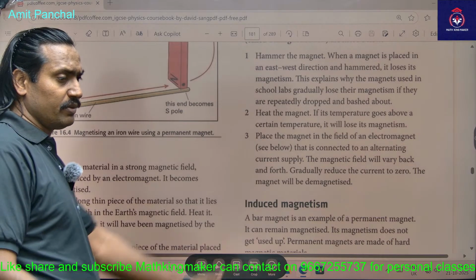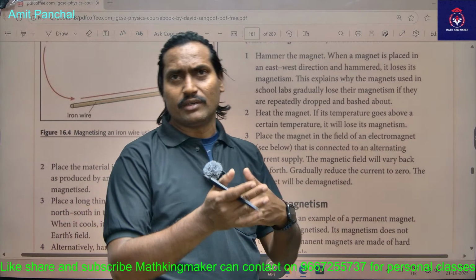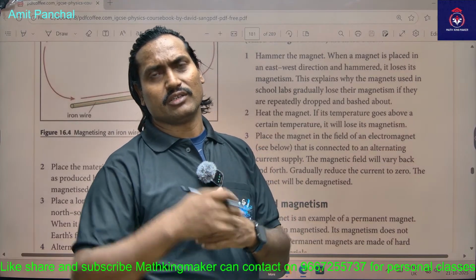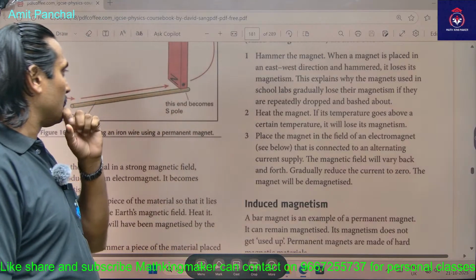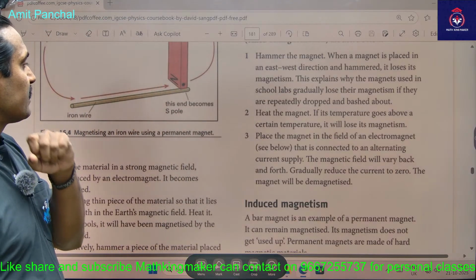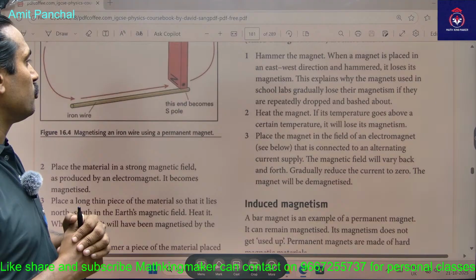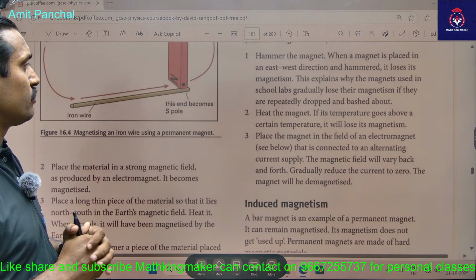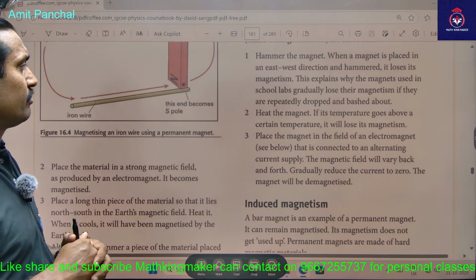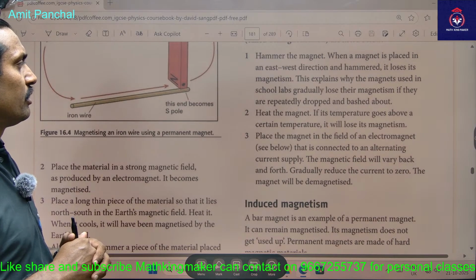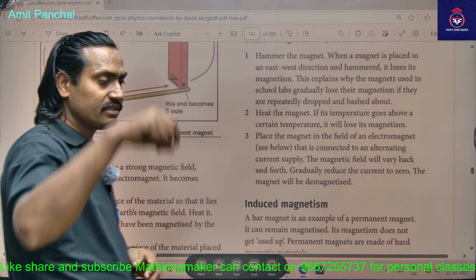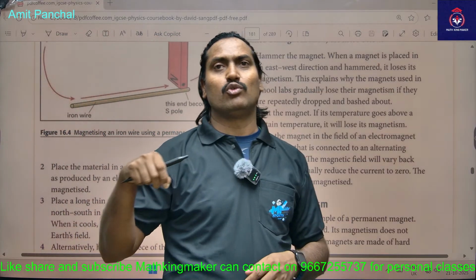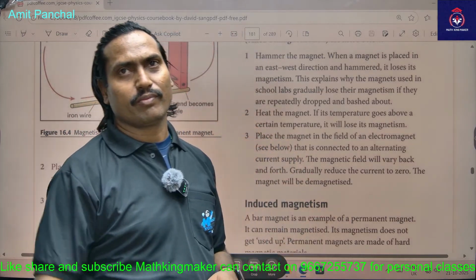Rather than keeping it in the north-south direction, you keep it in the east-west direction and hammer it, so it will demagnetize. This explains why the magnets used in school labs gradually lose their magnetism if they are repeatedly dropped and bashed about. If a magnet is repeatedly dropped, it will lose its magnetism some day.